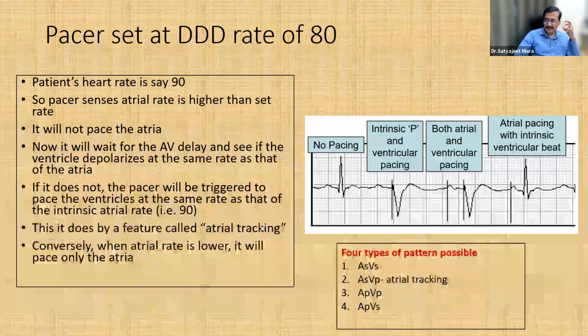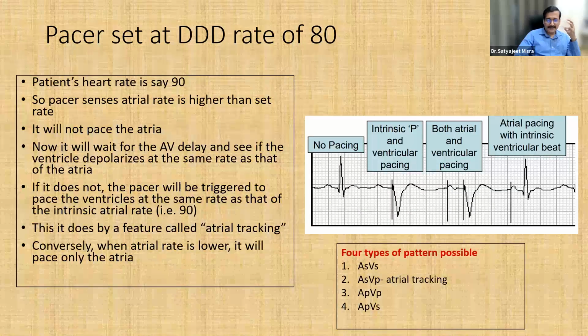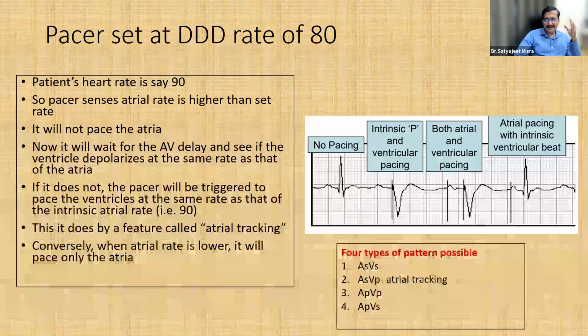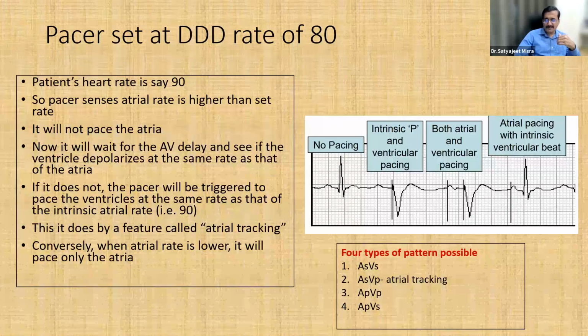So in the DDD mode, with atrial tracking on, the pacer tracks each of these atrial impulses. If there is no ventricular impulse after the predetermined time delay, it will start pacing the ventricle at the same rate as the patient's inherent heart rate of 90 beats per minute. So it preserves the patient's AV synchrony in a much better fashion. What happens if the patient's heart rate falls below 80? Then it just goes into the pacing mode.